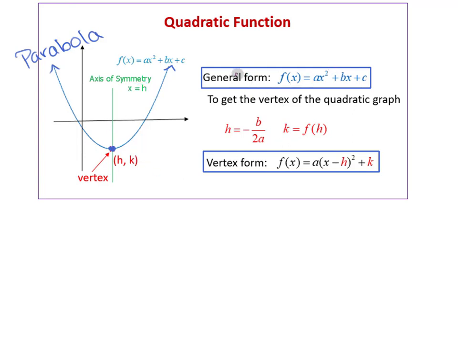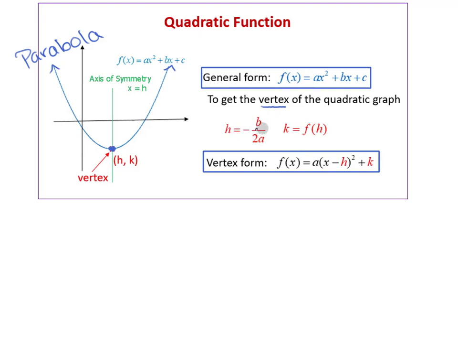Okay, so in our general form, it's not easy from the equation to tell where that vertex, that lowest point, would be. One of the ways to calculate our vertex is we have a formula here. To get the vertex, h, which is the x coordinate of our vertex, is equal to the opposite of b, so negative b, all divided by 2 times a.